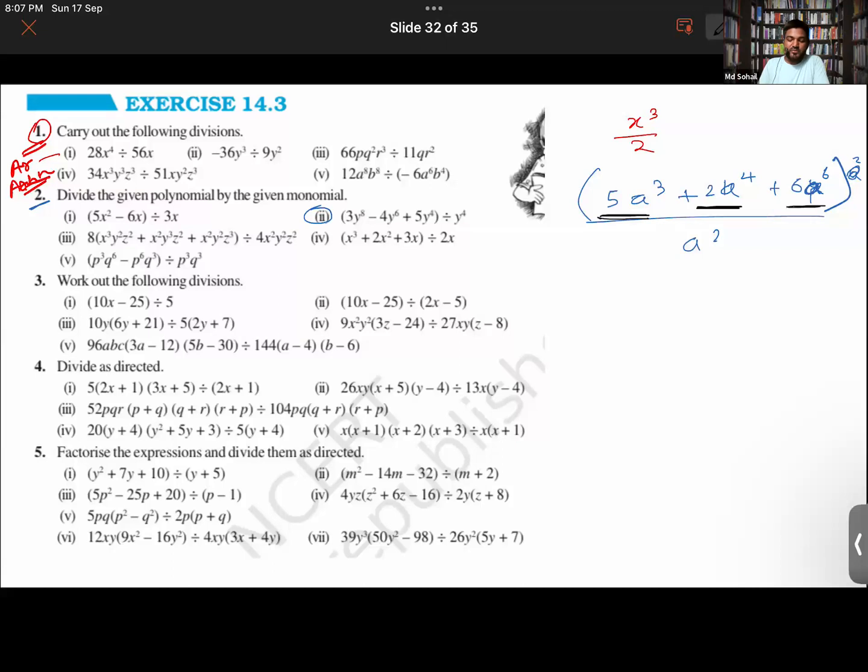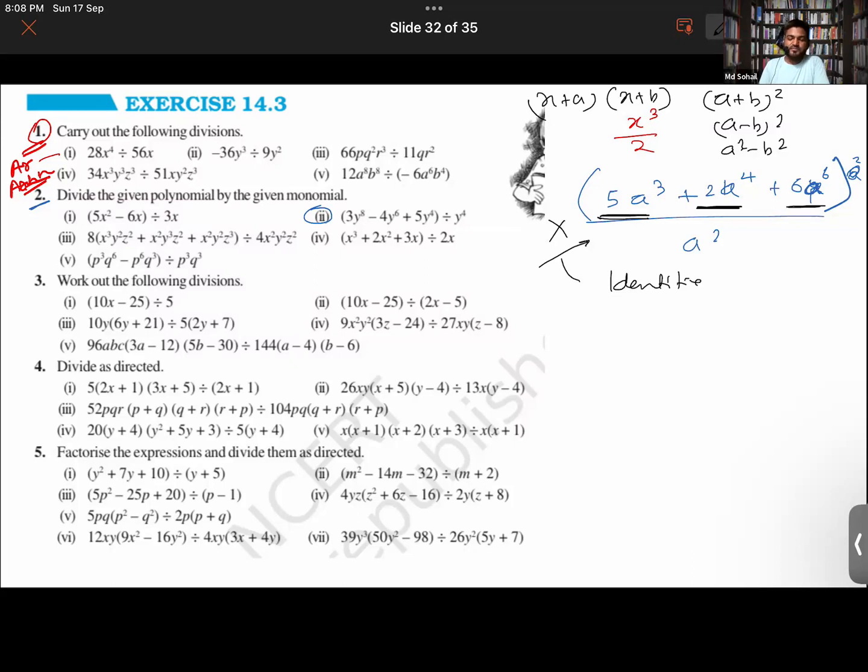If that fails, if you're not getting anything common, you will see if you can use any identity. In this question no identity can be used, but if there was any other question, you will see if any of the identities can be used: a plus b whole square, a minus b whole square, a square minus b square, or x plus a into x plus b. You have to try all the methods.